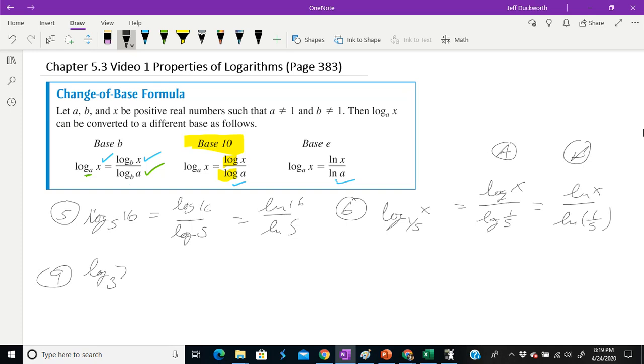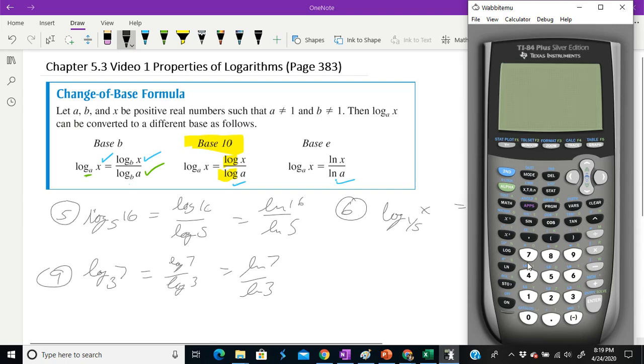So again, we can do the same process we did in 5 and 6, and that's going to be log 7 over log 3, which is the same as ln of 7 over ln of 3. And let's calculate. We don't know what the ln of 7 is or ln of 3 is. If it was e instead, or 10 instead for the logs, we could work it out, but we can't do it right now. So let's check it out on the calculator.